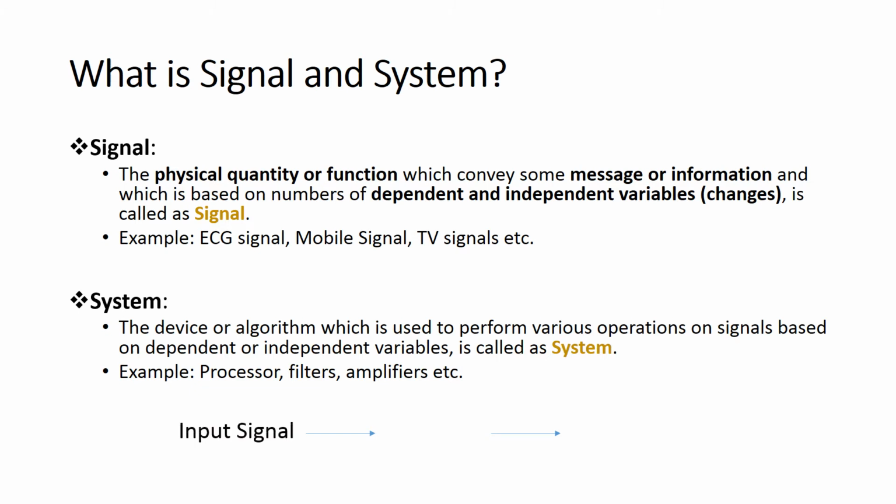If we provide an input signal to a processor or a system to perform some operation on the signal to get an output signal, we can represent it with a block diagram, so that the concept is represented with input signal and output signal. We can define a system with a block diagram representation.